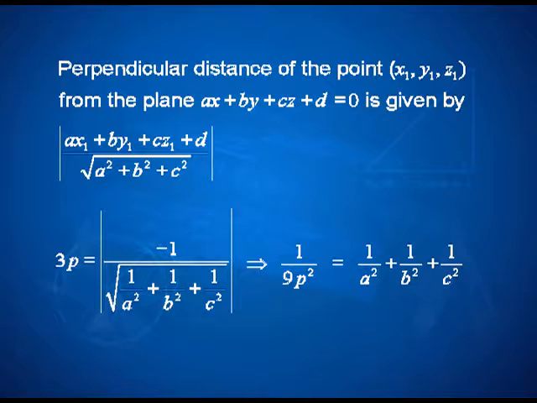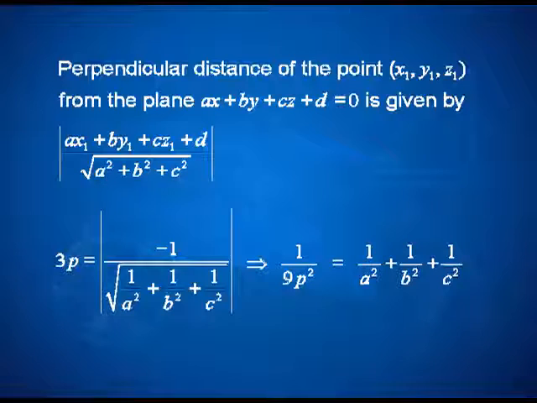Using this result and following the condition given that the origin is at a distance 3p, the point (0, 0, 0) is at a distance 3p from the plane x by a plus y by b plus z by c equal to 1. Therefore, 3p must be equal to the absolute value of minus 1 divided by the square root of 1 by a squared plus 1 by b squared plus 1 by c squared.